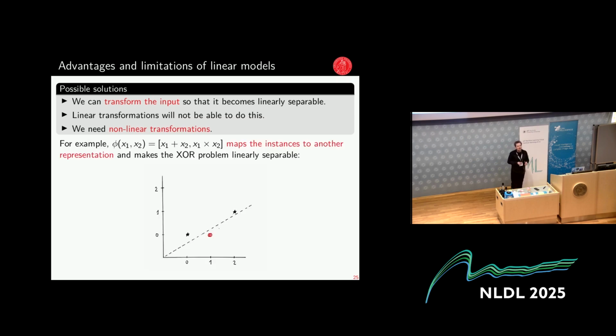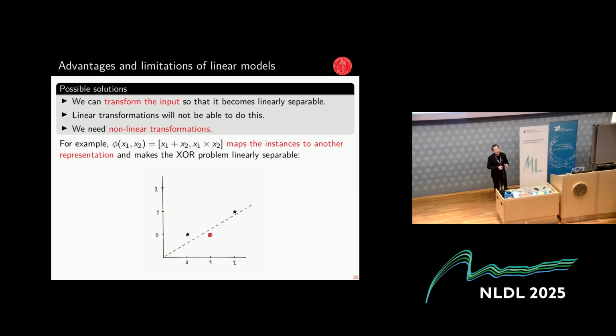For example, after some experimentation, you can find out that if you apply this function on the slide to this dataset, the first feature becomes x1 plus x2, and the second feature becomes x1 times x2. So if you transform all the data points, all the instances in this dataset using this function, then the dataset becomes linearly separable. So the problem is solved, right?